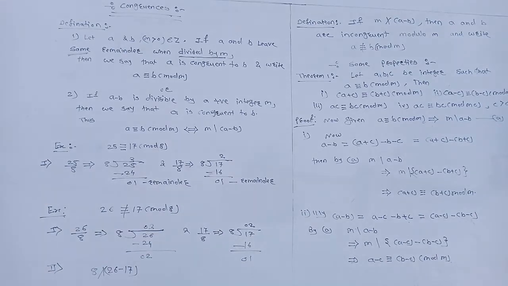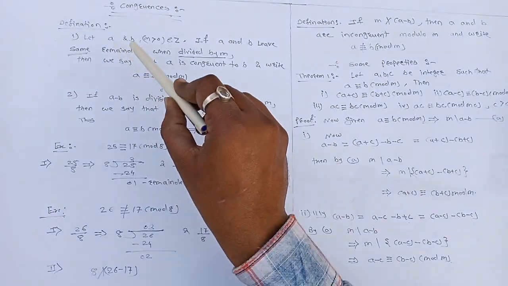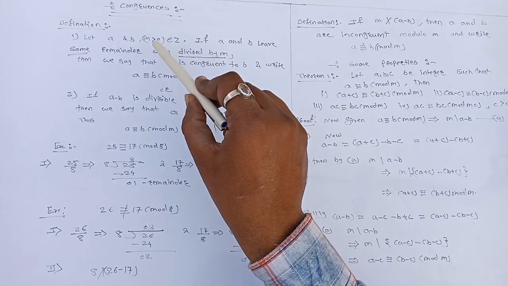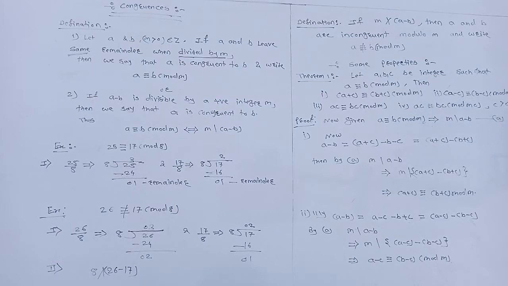Hello student. In this lecture we are going to discuss the topic congruence, the definition of congruence, and some theorems. Now the definition of congruence is: let A and B, and M strictly greater than 0, belong to Z, that means it is an integer.